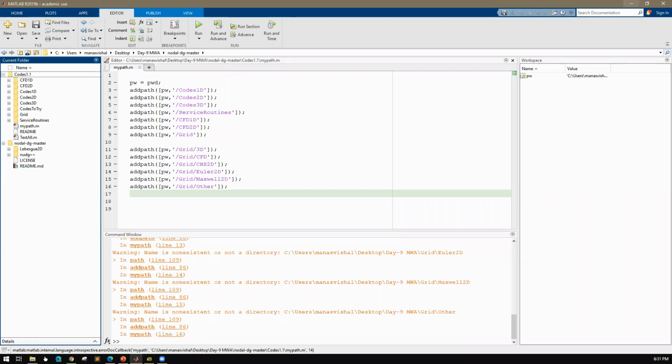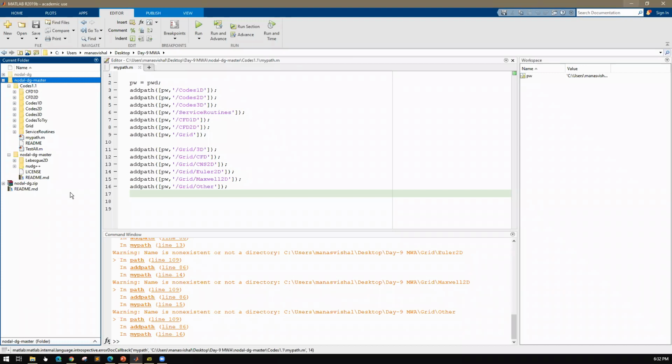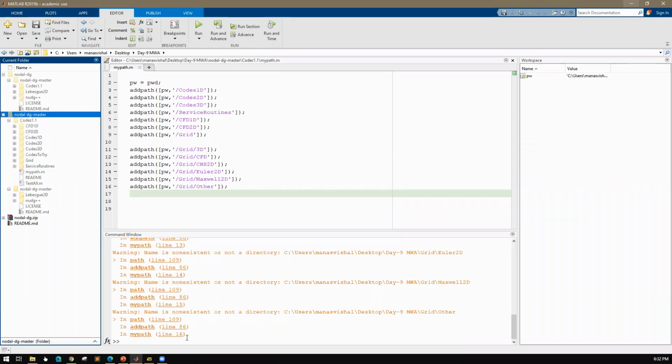Okay, my folder structure has messed up. Let me just re-extract that zip file. Yeah, it started. So this is the same folder. Basically, my code structure changed. That's why I was not able to add to the path.